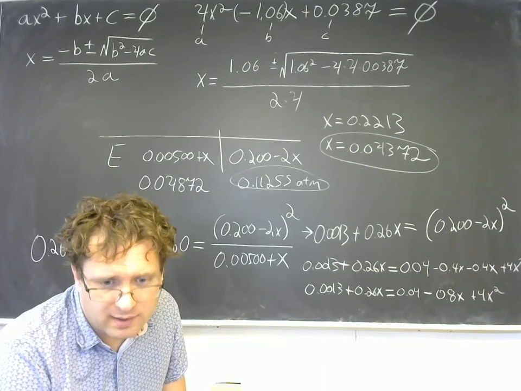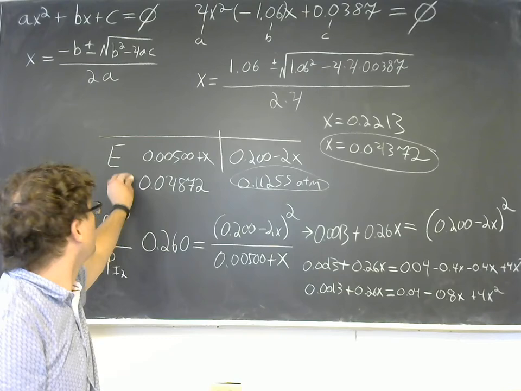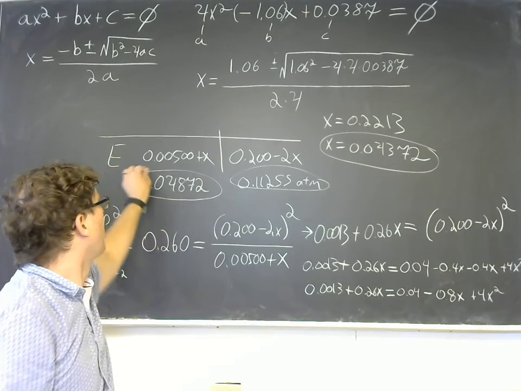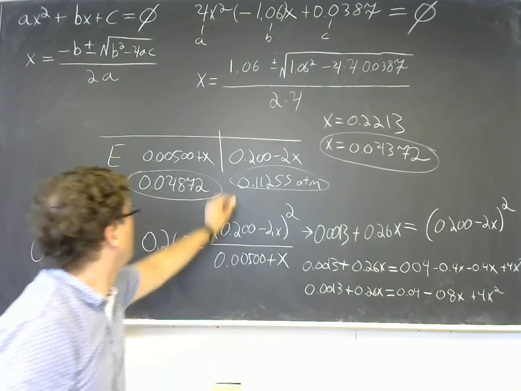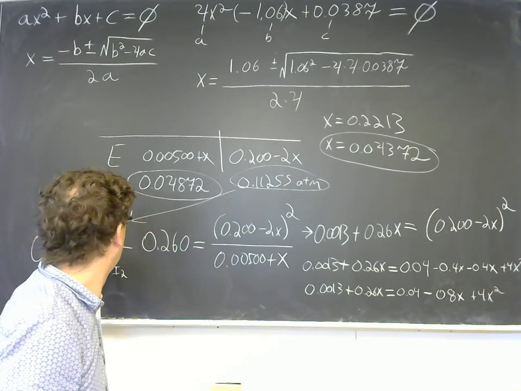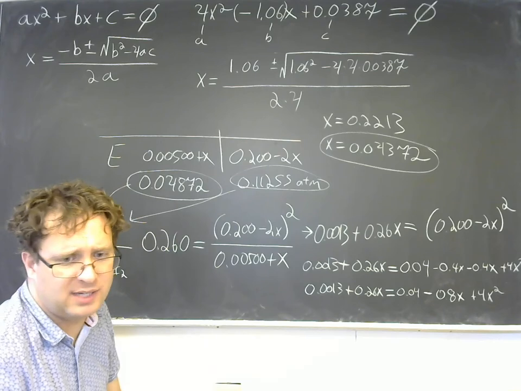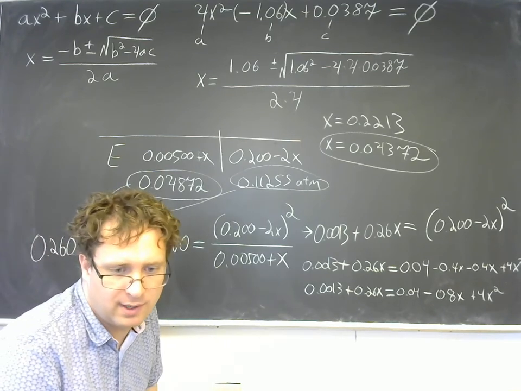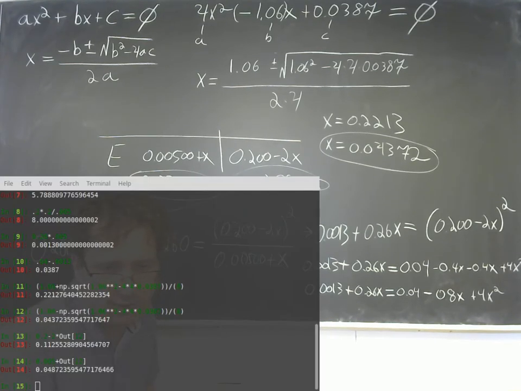Let me clear this out, and you can see now our equilibrium pressures. Let's put them into our equilibrium expression and just double check that they equal 0.260. They sure ought to, because I don't want to start this whole video over again. We'll have 0.1125.